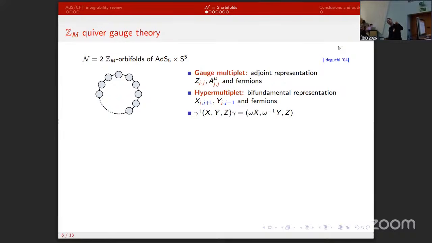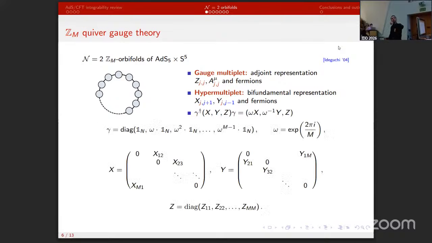And now I introduce these gamma matrices here, because of course we want to think about the gauge theory. So all these fields should have gauge indices. So let's write this gamma as a diagonal matrix where the entries on the diagonal are exactly these m roots of unity, and then powers from 0 to m minus 1.